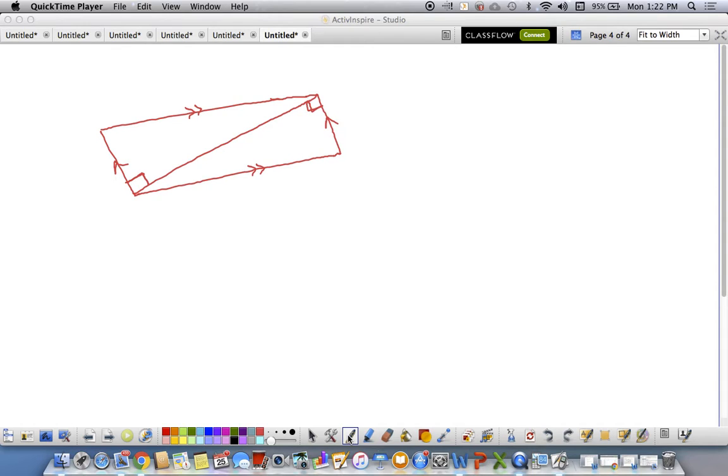Okay? And I know the lengths of some of my sides. The length of the diagonal is 1 mile. And we have the length of the other two sides over there, and they're X miles and 2X miles.